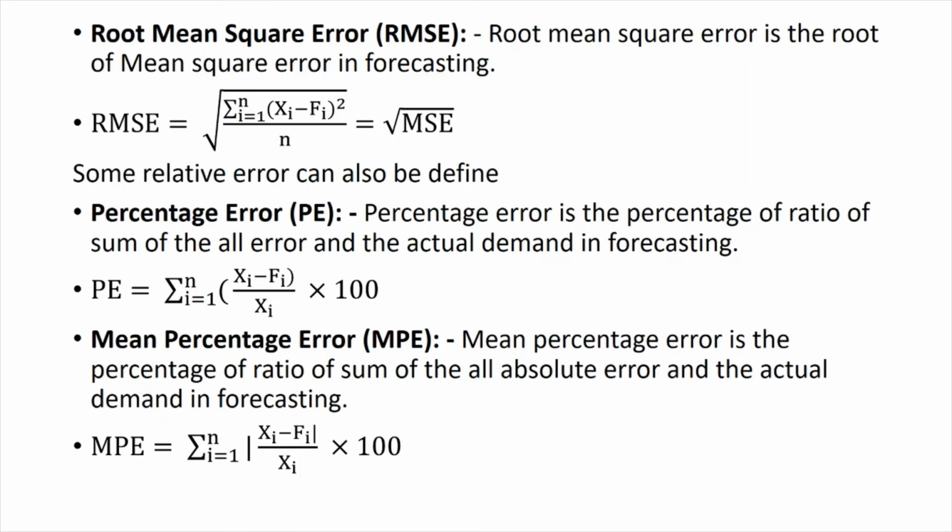So what is percentage error? Percentage error is the percentage of the ratio of the sum of the whole error and the actual demand in forecasting. Second is mean percentage error. The mean percentage error is the percentage of the ratio of the sum of all absolute errors and the actual demand in forecasting.